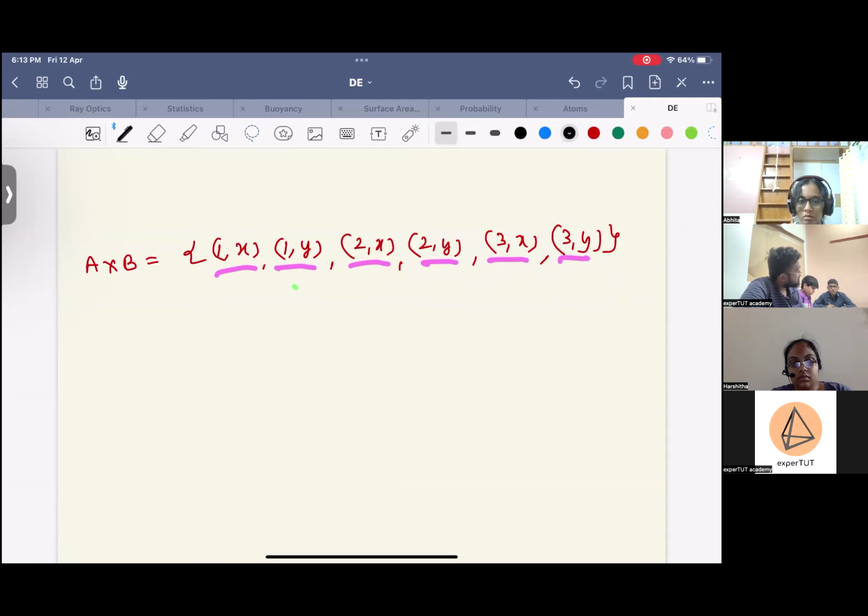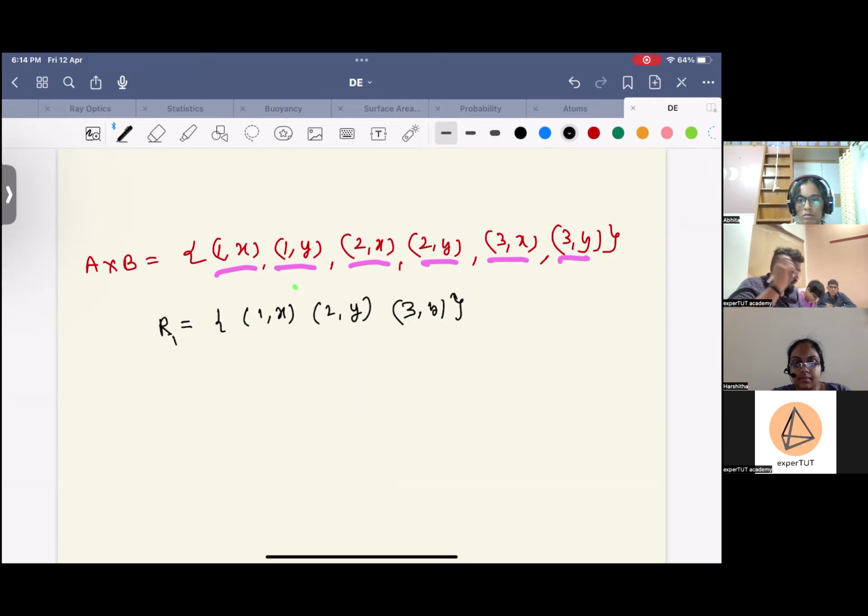Any subset means any subset. So I will just pick, let's say, this subset. See, R1 is a subset such that 1 comma x, 2 comma y, and let's say 3 comma y. Is this a subset of A cross B? Is R1 a subset of A cross B? Yes or no? Hey, tell me, is R1 a subset of A cross B? Yes or no? Yes.